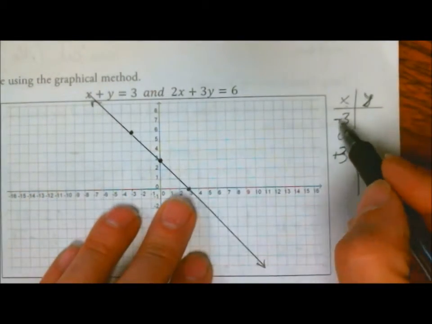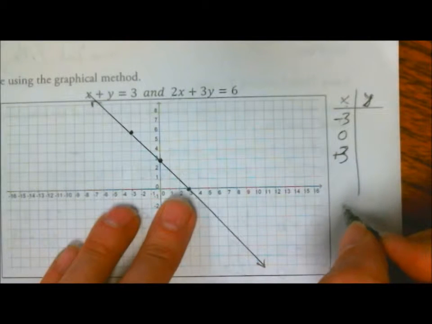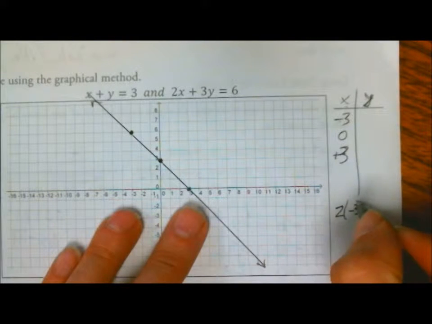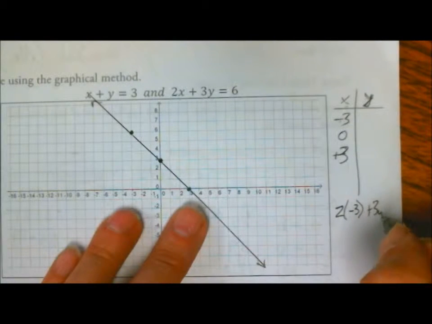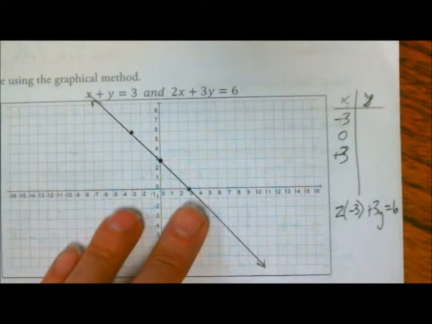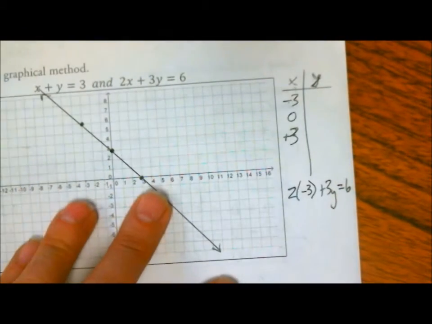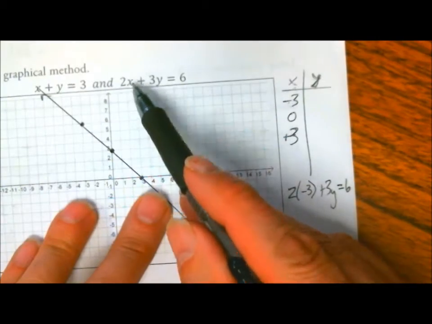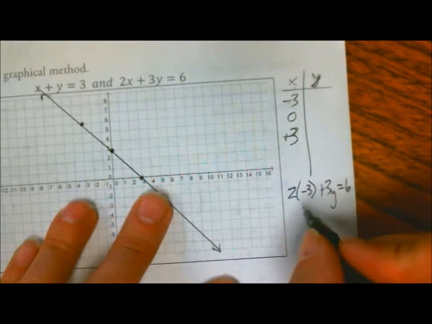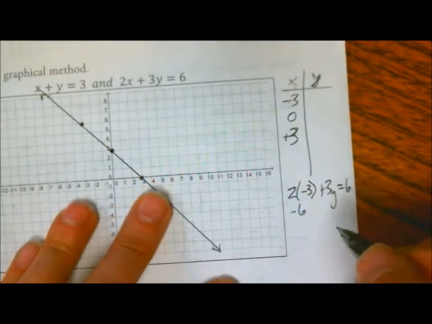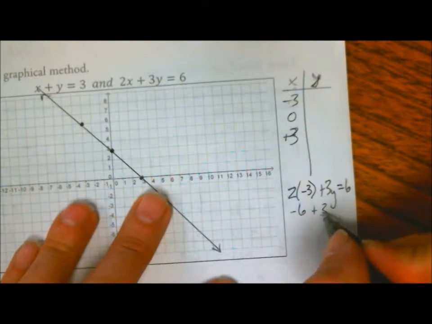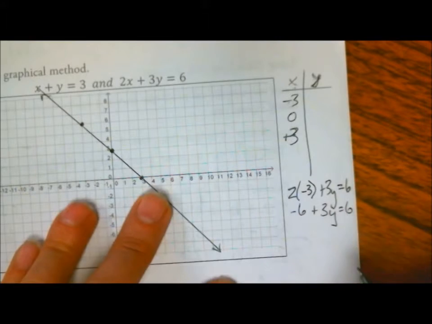So if I put a -3 in for x right here, I get 2 times -3 plus 3y equals 6. All I did was put this -3 in for that x. 2 times a -3 is a -6. Another problem you guys are having is you're getting this put together perfectly, but then you're having a hard time solving the equation.